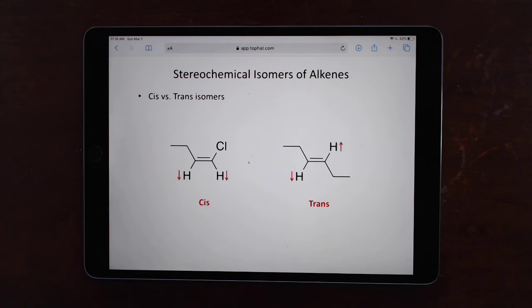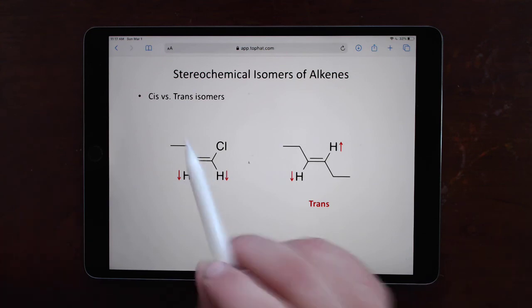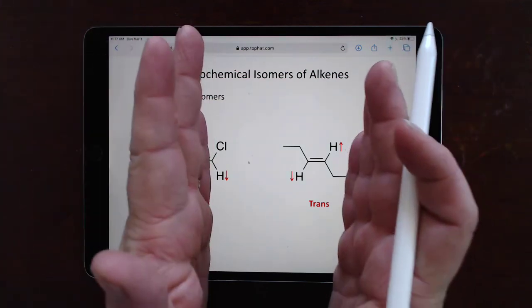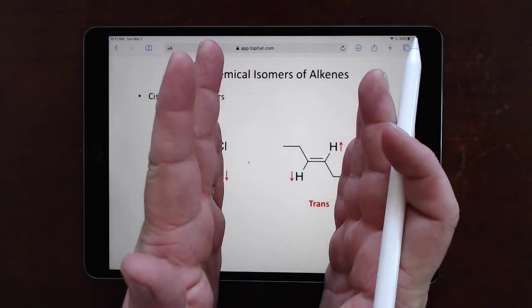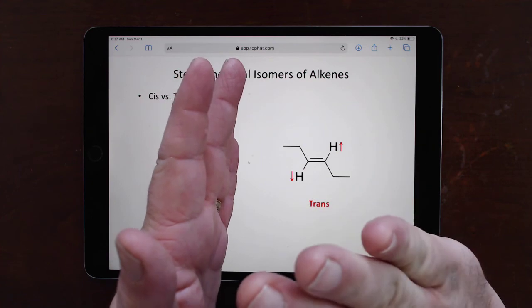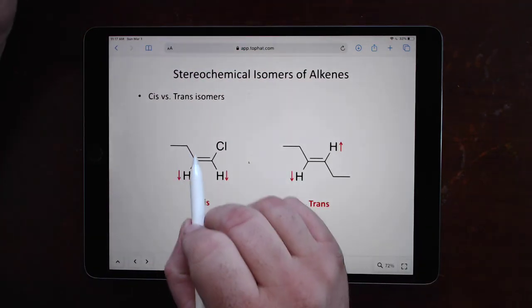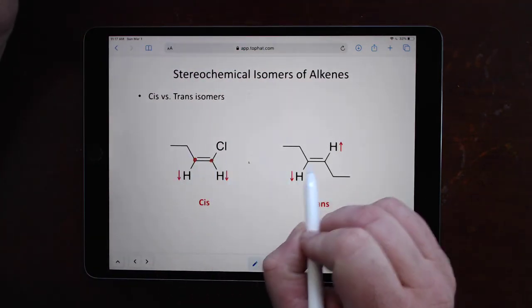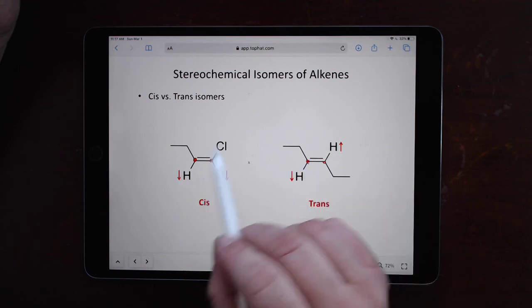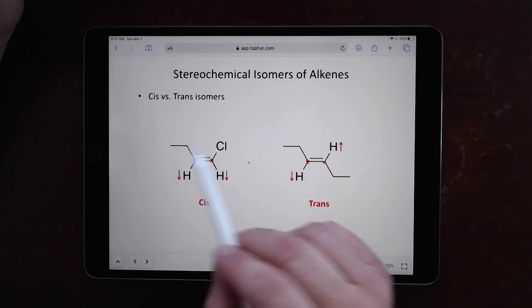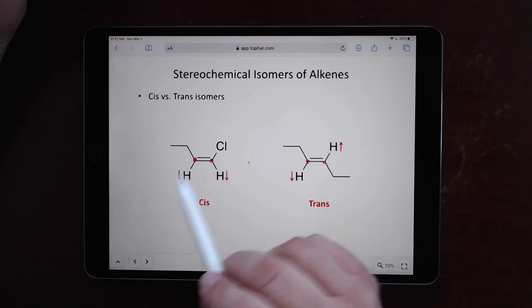Now remember with the alkenes, you cannot get free rotation around the double bond, because the pi bonds have to be in alignment, and so if you're trying to do a rotation, you're going to have to break that bond. So what you want to do is look at the carbons on this, and lots of times you'll have a hydrogen on either side.